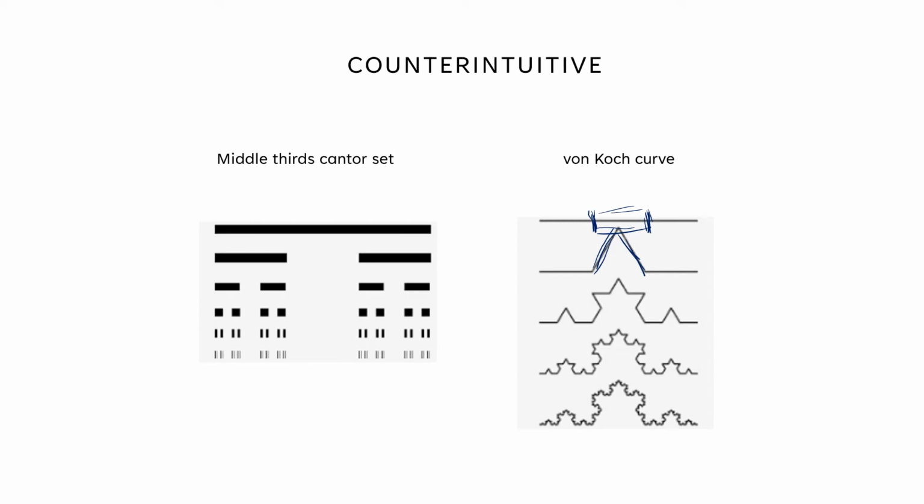And then you're going to do that same thing, and you're going to take this part here, and you're going to remove this middle piece, and you're going to put two pieces in its place. So when you keep going, you're actually adding another third to every layer.